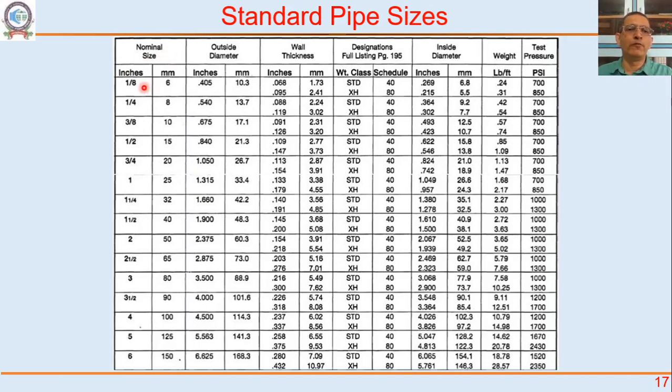So there is a pipe of 1/8 inch, 1/4 inch, 3/8 inch, half inch, 3/4 inch, 1 inch, and so on, 2 inch, 3 inch, 4 inch, and so on. It does not mean that the pipe diameter is this. It's just a way of representing, right? Pipe diameter is approximately this.